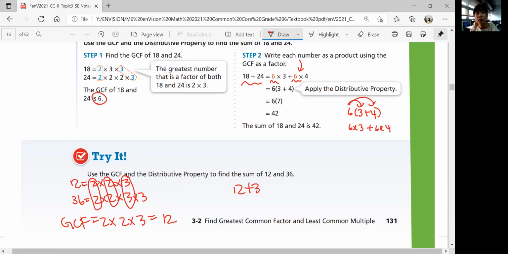So 12 plus 36 could be written as 12 times 1 plus 12 times what makes 36? 3. So you have the same GCF, 12. Use the distributive property backwards to get 12 times 1 plus 3. And that could be written as 12 times 4. You multiply 12 times 4, you get 48. 12 plus 36 is 48.